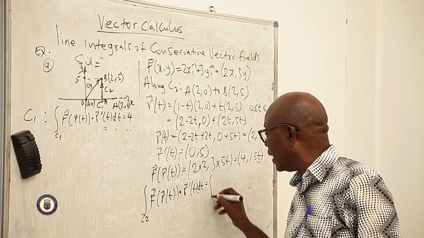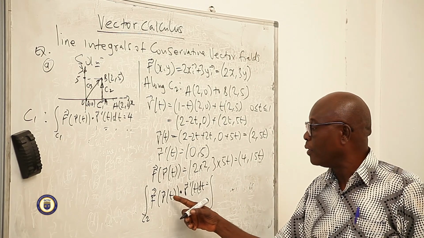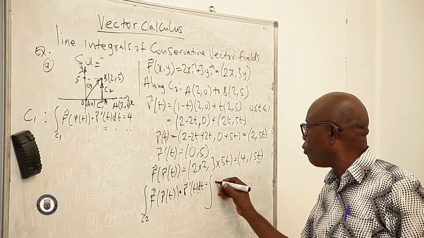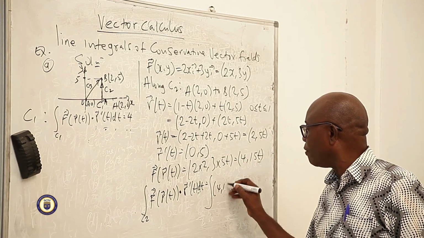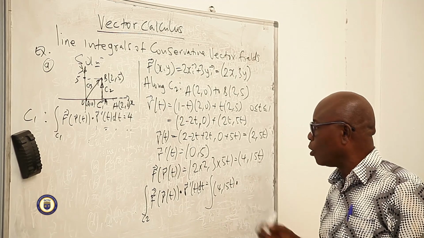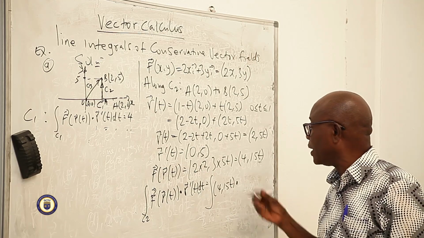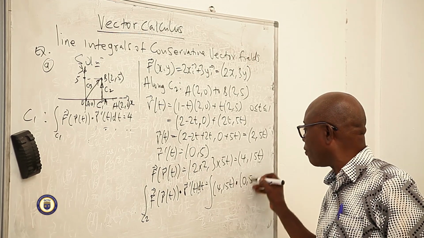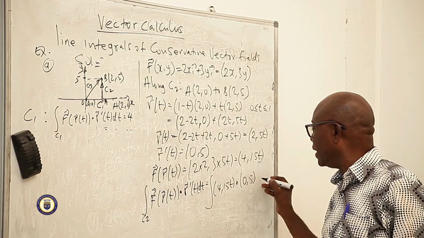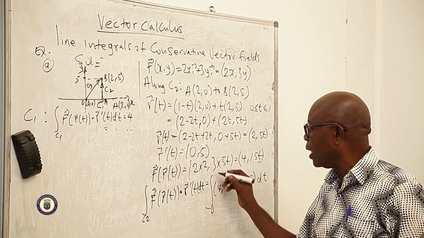It will give us the integral of f of r of t, which is (4, 15t), dot r prime of t, which is (0, 5), times dt, and t is between 0 and 1.